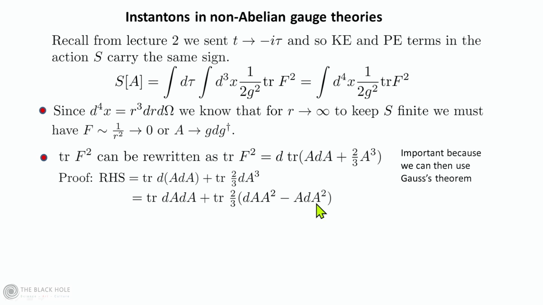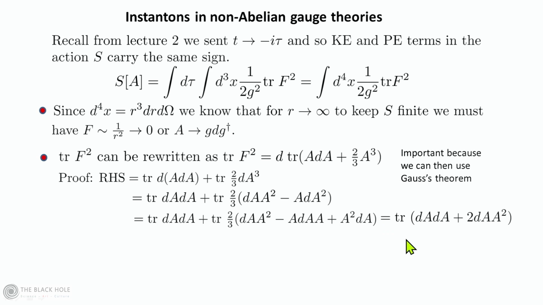The only thing that I need to do now is to work out D of A squared. All this is the same as before, but D of A squared will be dA into A plus A into dA. So this A squared is to be regarded as A into A. And then when I cross D over, there I get a minus sign, so this becomes plus. So it's pretty clear that here we have traced dA dA and 2 dA A squared.